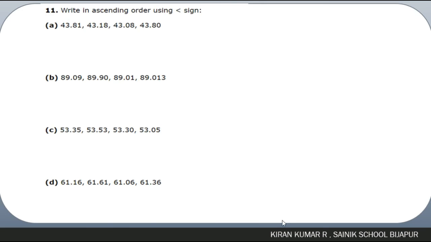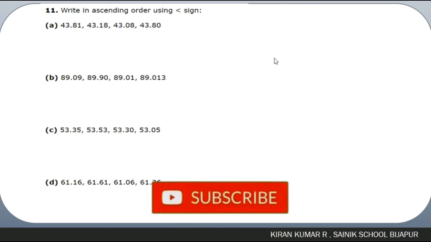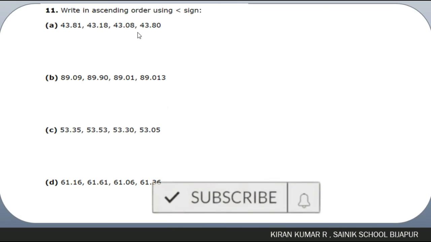Question number 11. Write in ascending order using less than sign. So in the ascending order, we have to start with the smaller number to the larger. Identify the smaller number here. 43.08 is smaller.